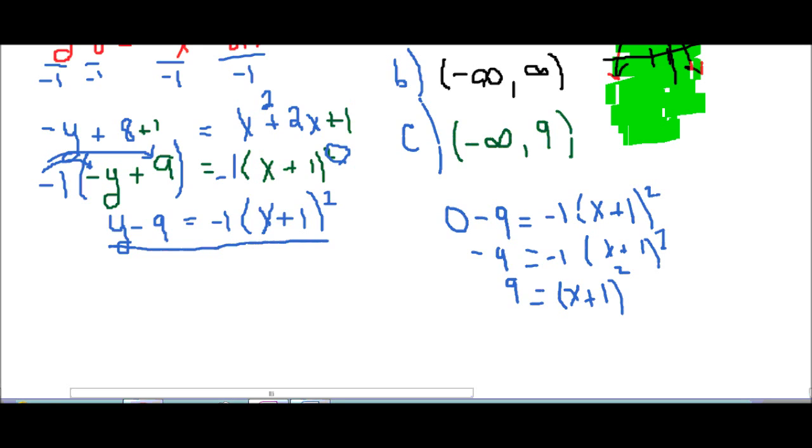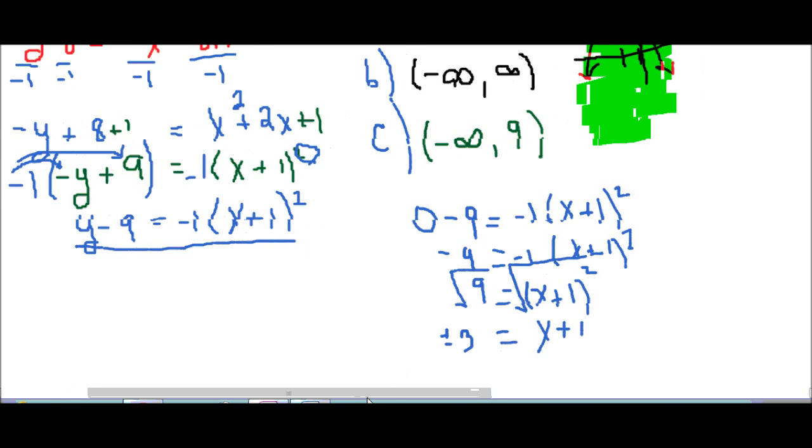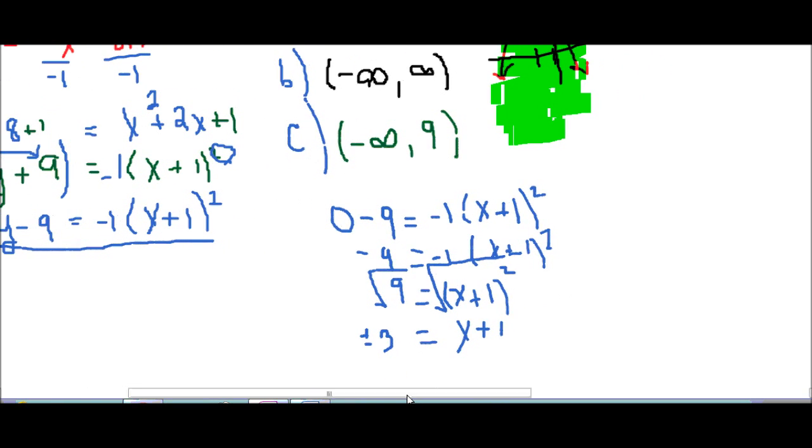Then square rooting both sides, I get x plus 1 equals, and don't forget your plus or minus, plus or minus 3. Then one more step, we have to subtract the 1 over to the other side.